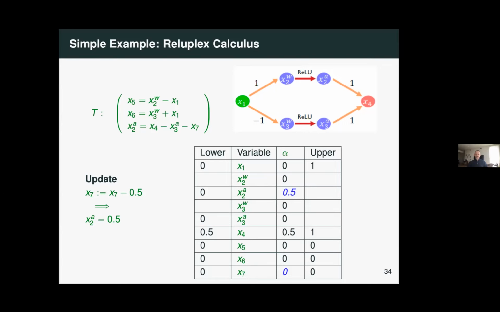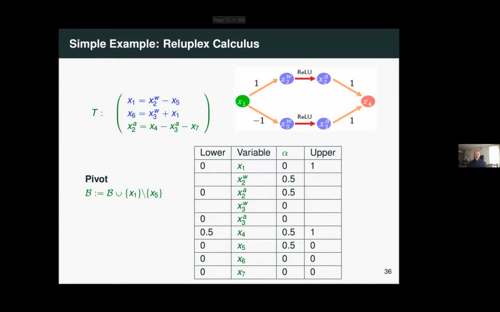All right, so now notice that x2a is part of a ReLU constraint. So what are we going to do? We're going to use the ReLU update to update its corresponding input, x2w. So we update x2w to be 0.5 so that ReLU constraint is fixed. And now x5 becomes 0.5 because of the first equation. So now we have to update x5. So let's pivot it.